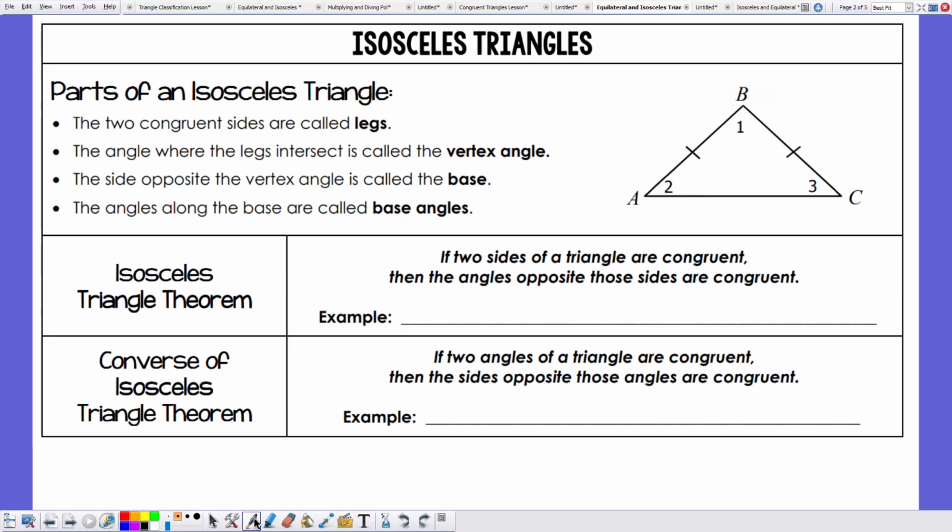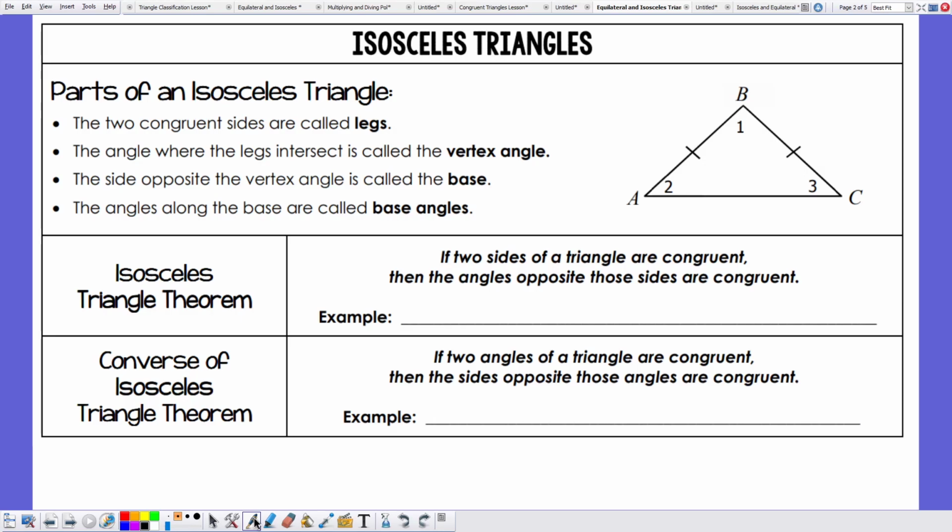In this case, AB is a leg and BC is a leg. The angle where the legs intersect is called the vertex angle. So in this case, that would be the angle B or the angle 1. The side opposite to the vertex is called the base, that being AC in this case.